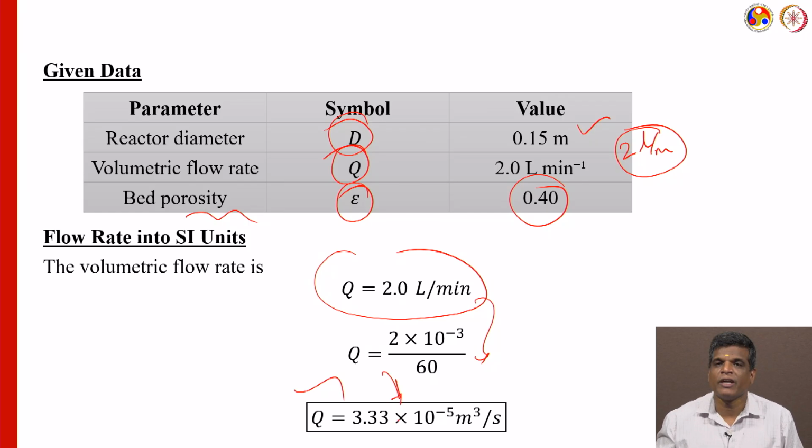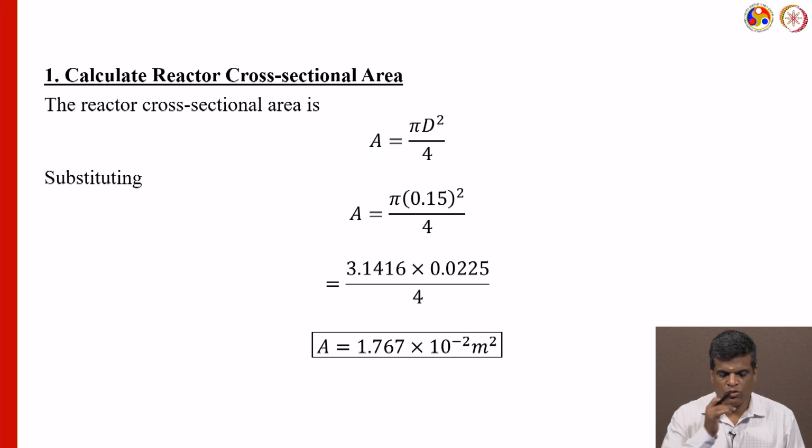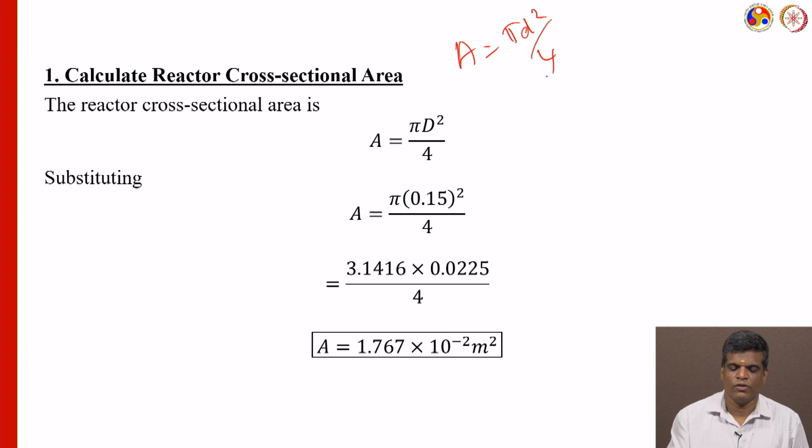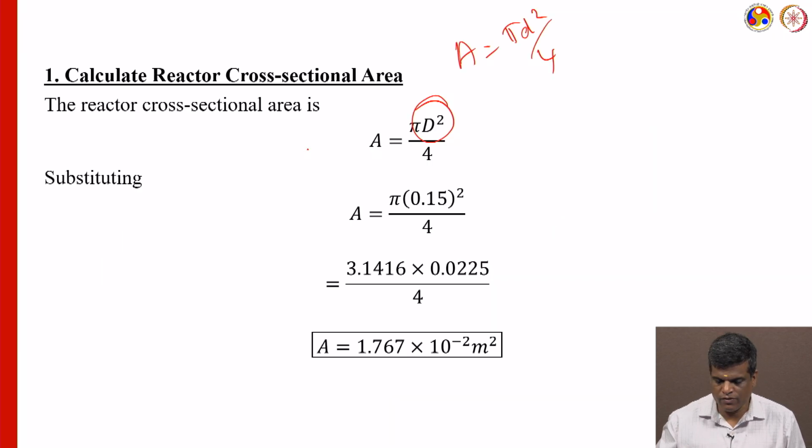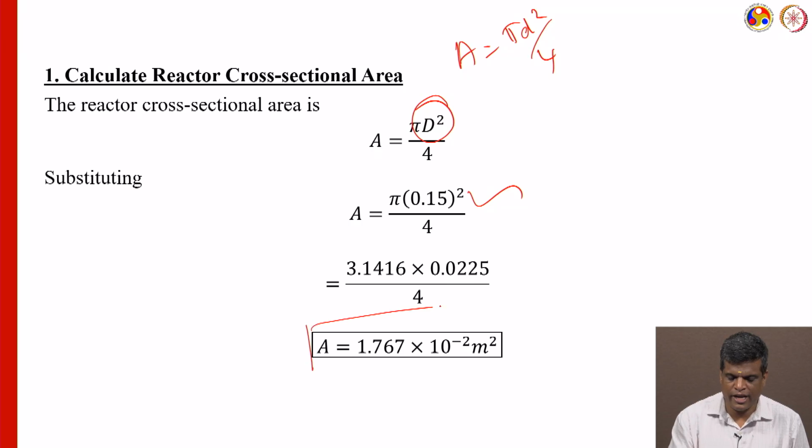That is the volumetric flow rate. Once that is done, we need the cross-sectional area, that is pi d square by 4. The diameter of the reactor is 0.15, so we get the reactor cross-sectional area.